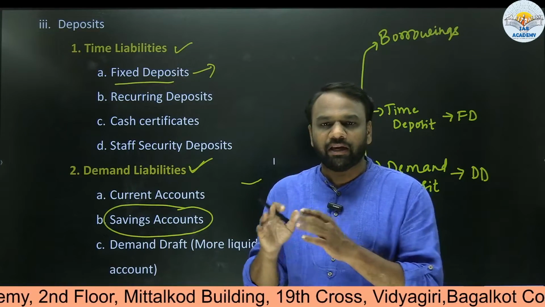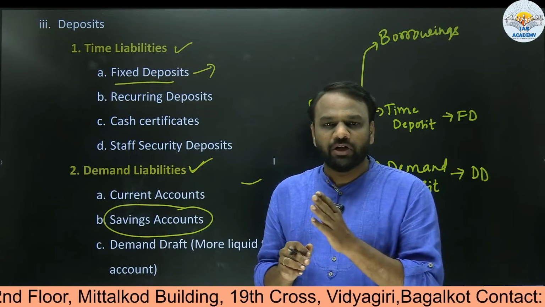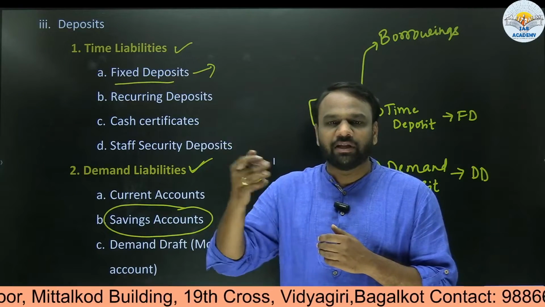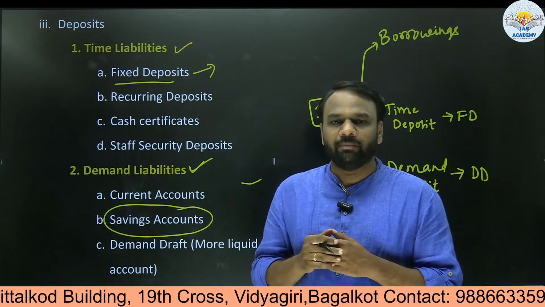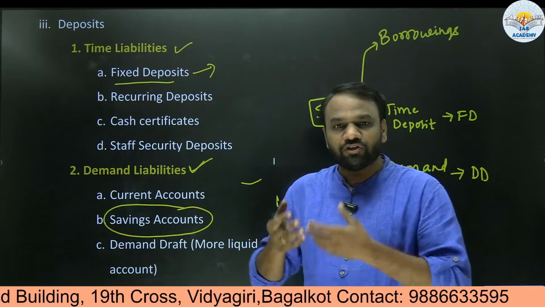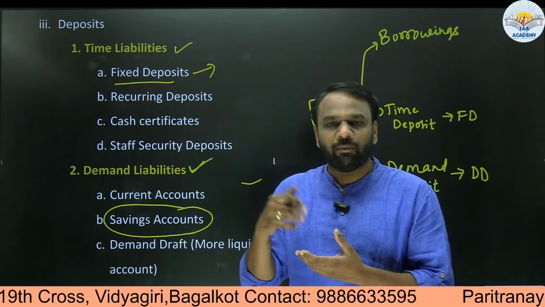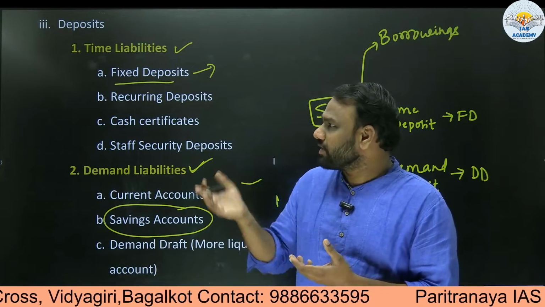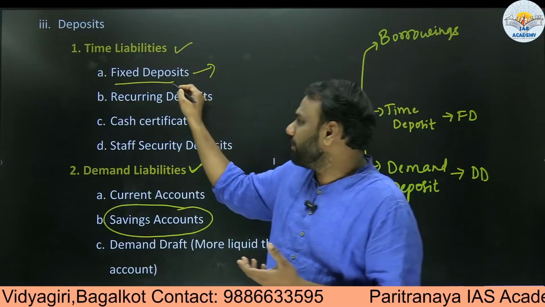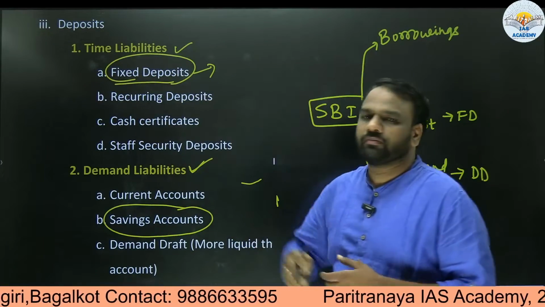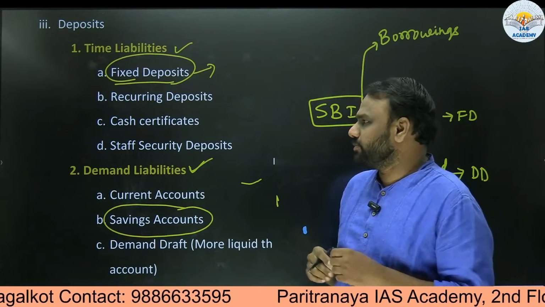They'll say, no, its maturity period is 1 year, so come next January and we'll give you back the money. Such deposits, where a bank is not bound to give the amount immediately, are called time liabilities, and the best example is the fixed deposit.